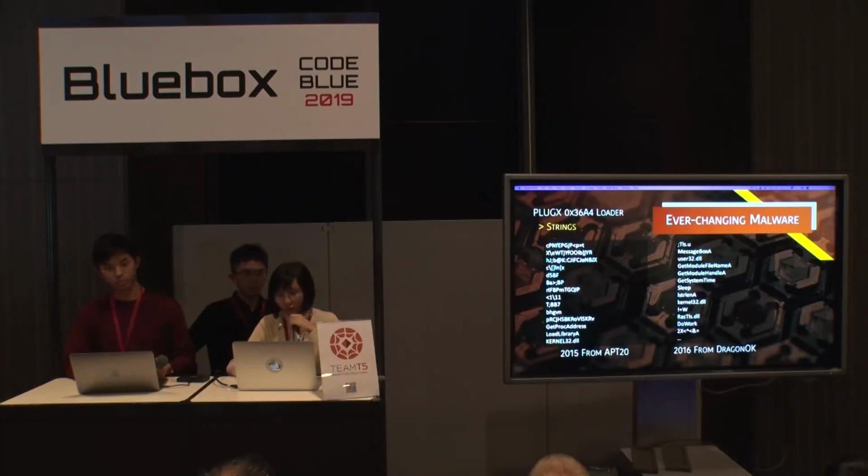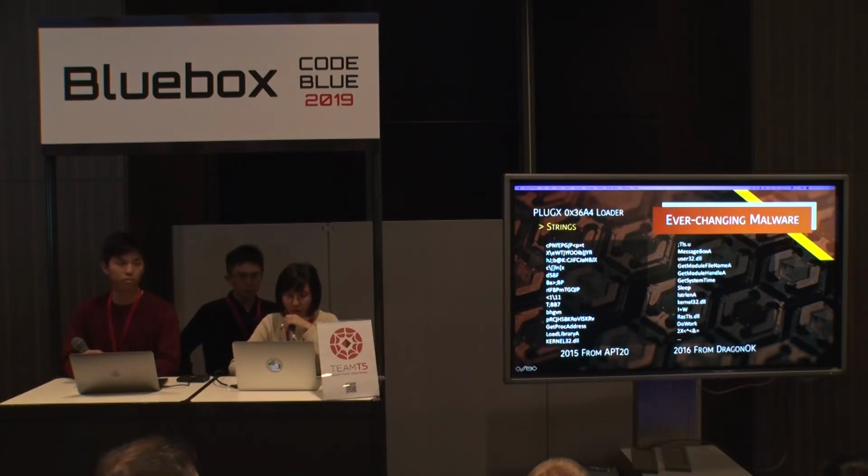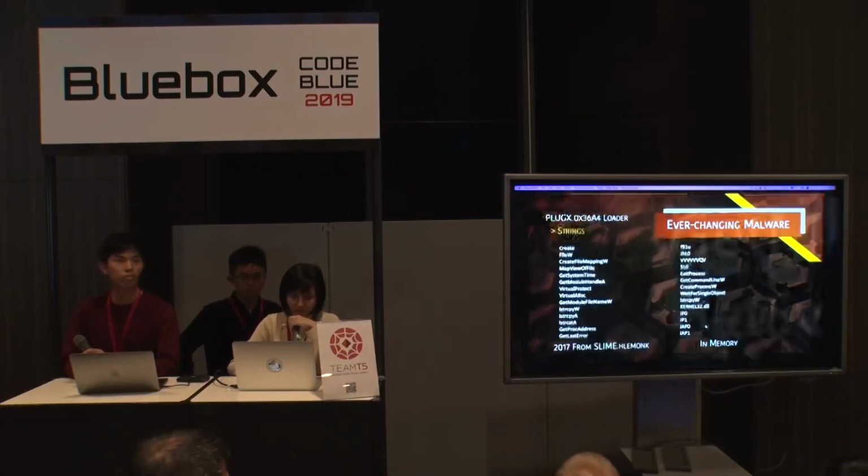A year later, in 2016, there's another PlugX that is actually the same variant, but from a different group called Dragon OK. And we can clearly see that the two strings are very, very different.